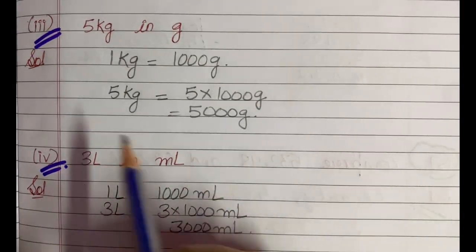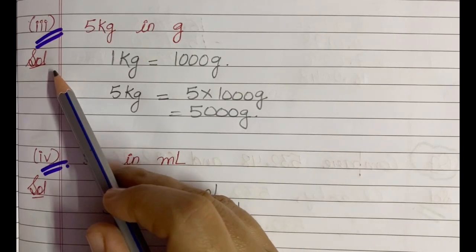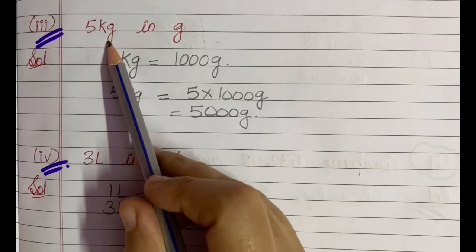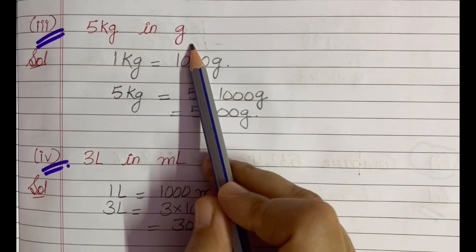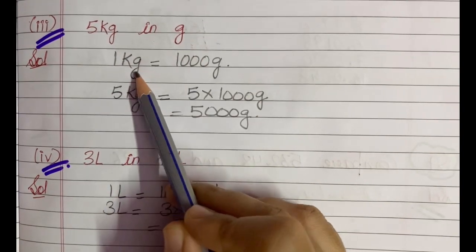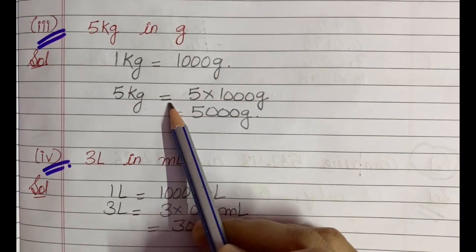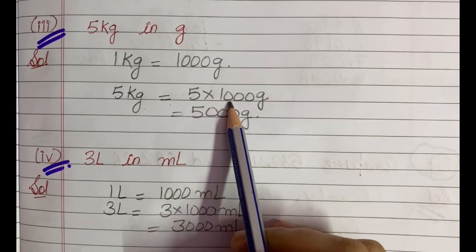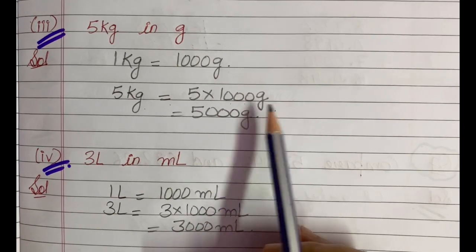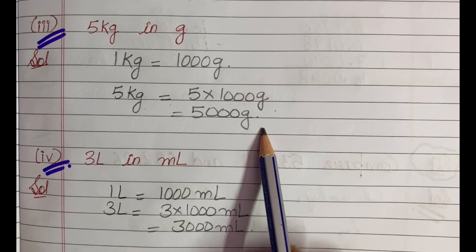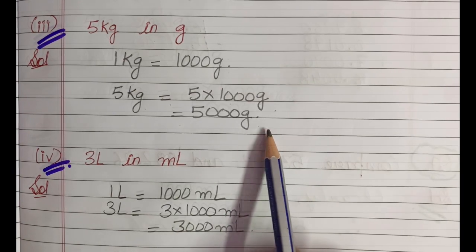Now students, the third part of the same question says to express 5 kg in grams. You know that 1 kg is equal to 1000 gram. So 5 kg is equal to 5 multiplied by 1000 gram, and that is equal to 5000 gram. Hopefully it is clear to you.